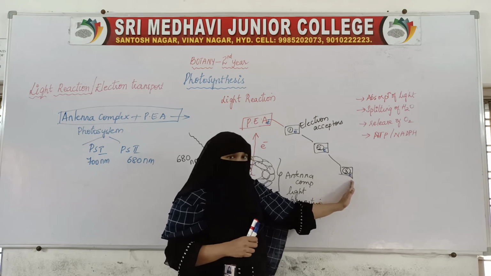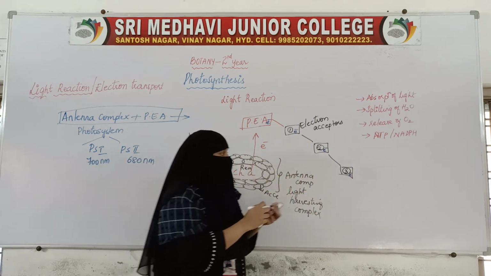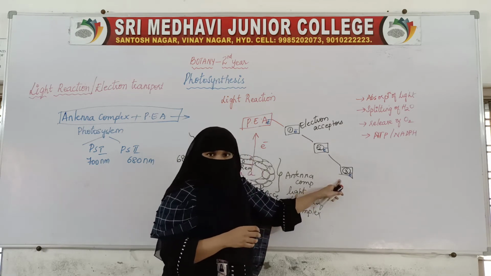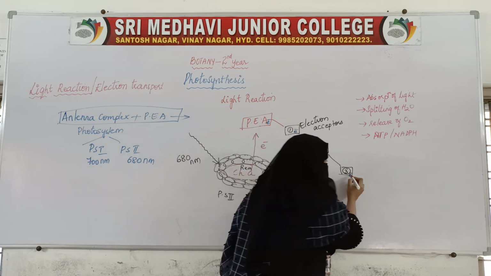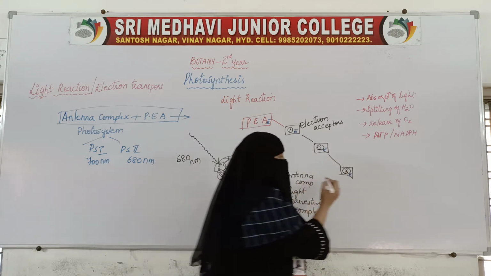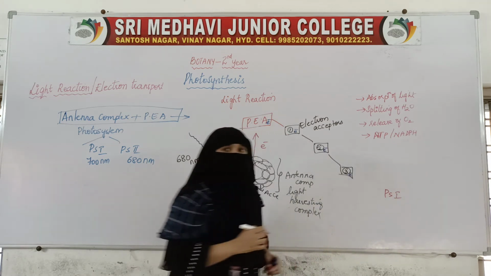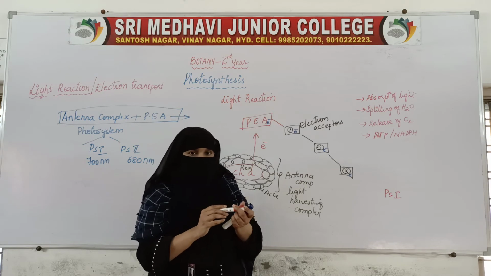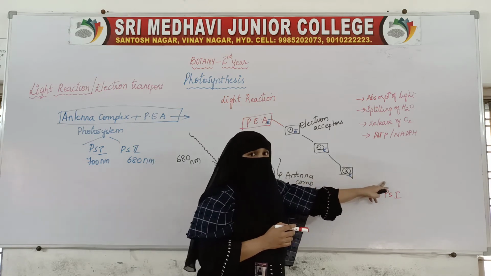Finally, these are the cytochrome complexes. Now here, instead of going to another electron acceptor, the electron moves on to photosystem 1. The electron will be accepted by photosystem 1.